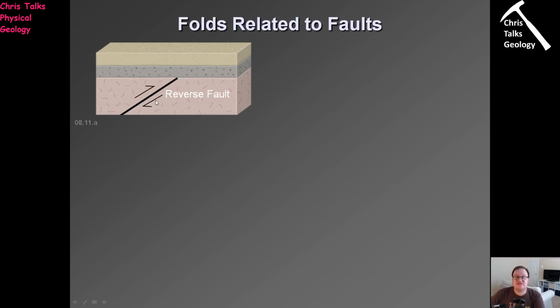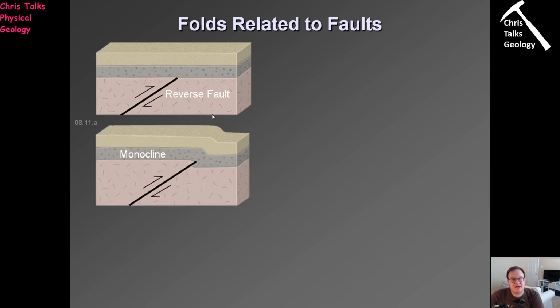As you can see, it's a reverse fault because this block is trying to go over the top of this block. And you can see it's relatively low angle, less than 45 degrees. So this is going to be a thrust fault. So this block of rock here is going to be thrust over the top of this block here. So when I've written reverse fault there, I'm wrong. It should say thrust fault. So okay, this block's going to be pushed upwards. So what's going to happen?